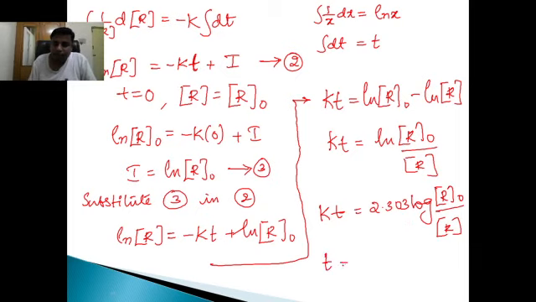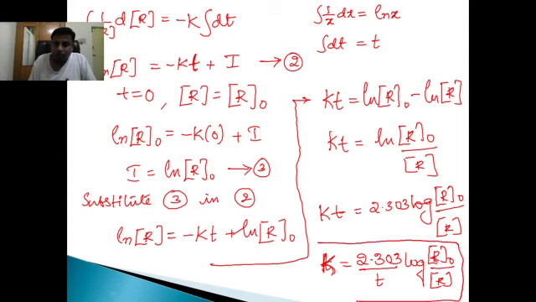We will be getting k is equal to 2.303 by t log of R naught divided by R. So this is the integrated rate equation for first order reaction.